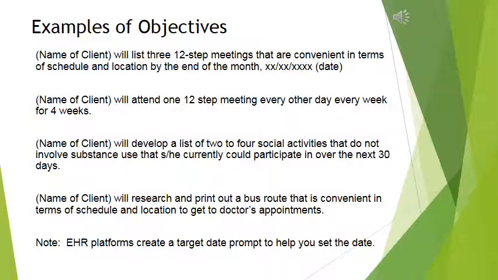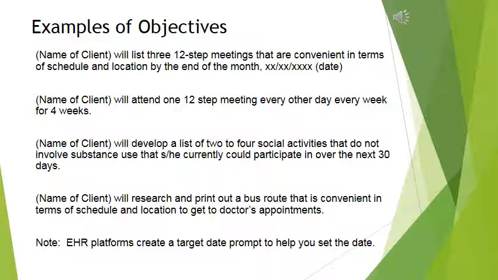Here are some examples of objectives that could be written that are specific, measurable, achievable, relevant to a client's problems, and timely. In the first one, where the client will list 3 12-step meetings that are convenient in terms of schedule and location by the end of the month, it identifies a measurable objective, which is to list 3 meetings.